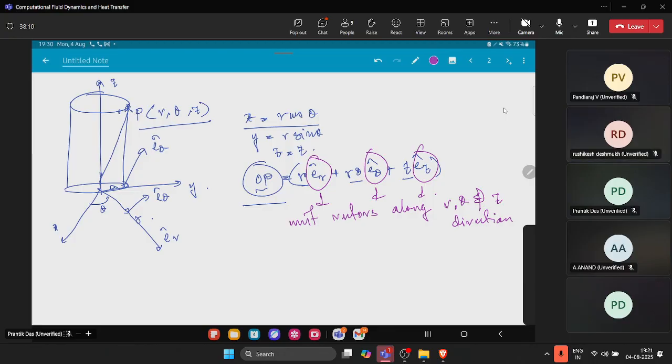Okay. So then going to the spherical coordinate system. This one is z, this one is y, and this one is x. So now I have to draw a sphere. This is the spherical coordinate system.